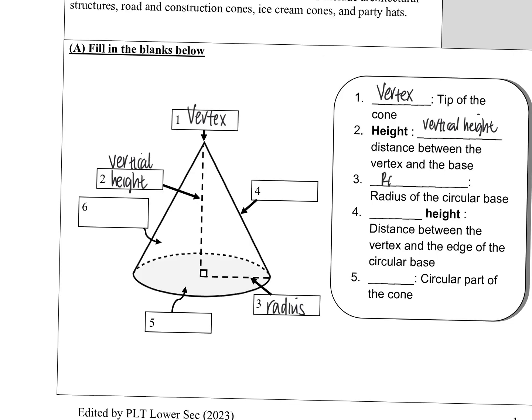Now if we move on to the cone, so radius, and what about this? Slant height. Slant or lateral height. So this is called the slant or the lateral height. Last one.